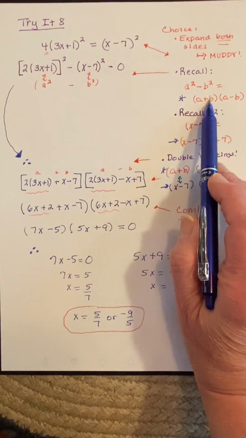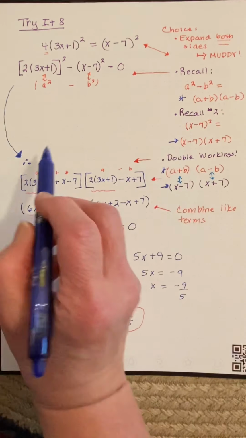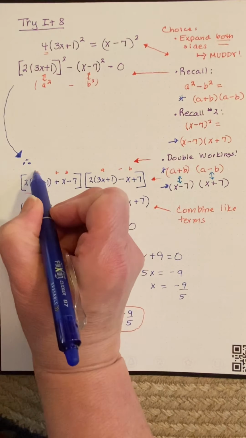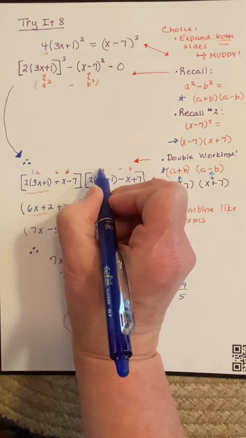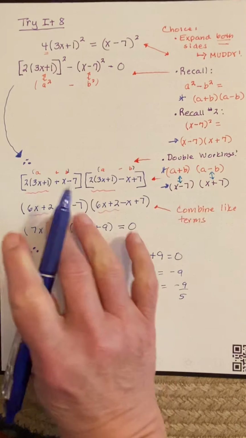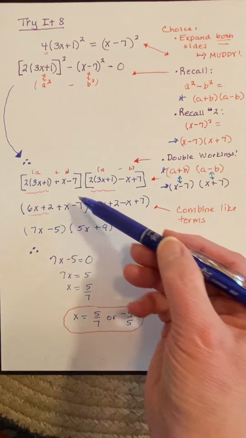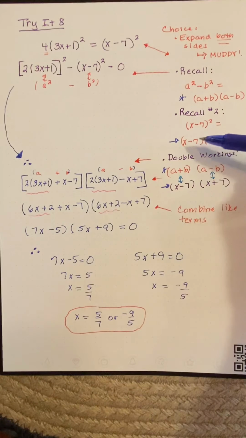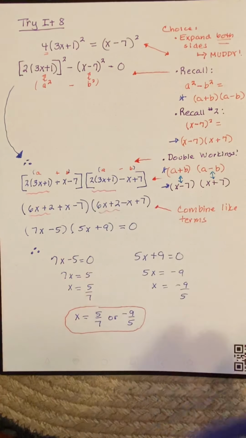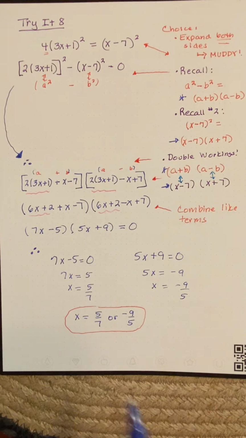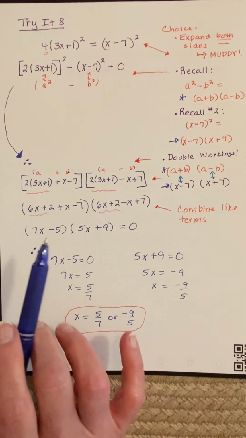A plus b times a minus b. So I have my a plus b times my a minus b. And I just put my a in the position, and then because I have to use my opposites for the b, which I factored out that way, now I'm set up. That is a lot of thinking. You got to really keep your wits about you. From this point on, it's pretty simple.